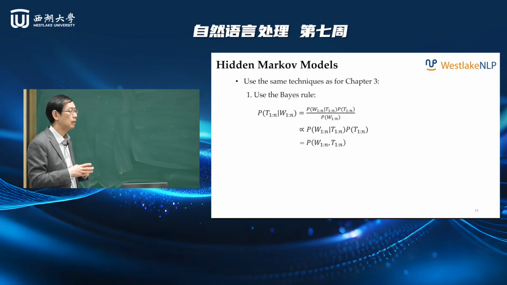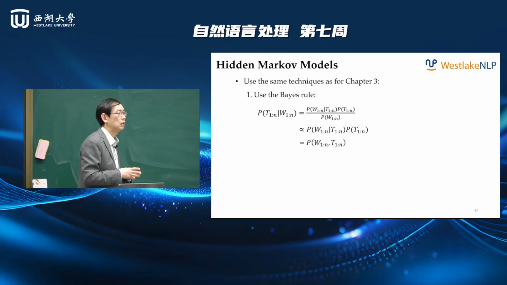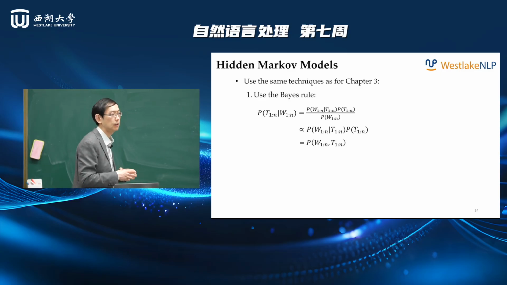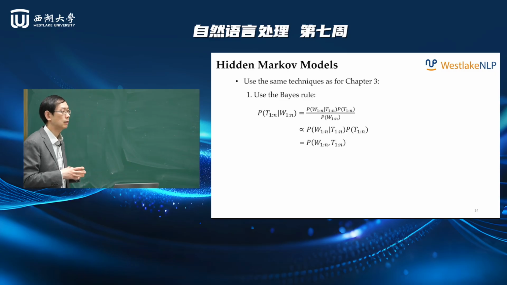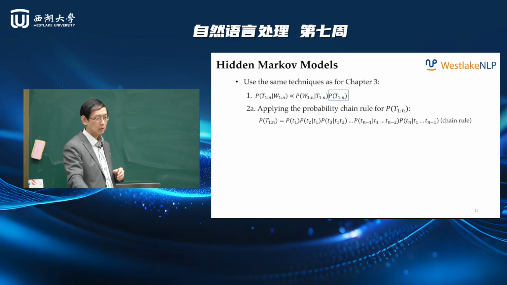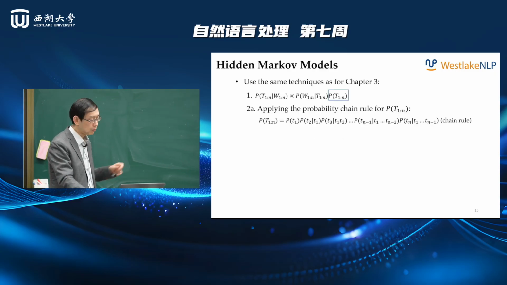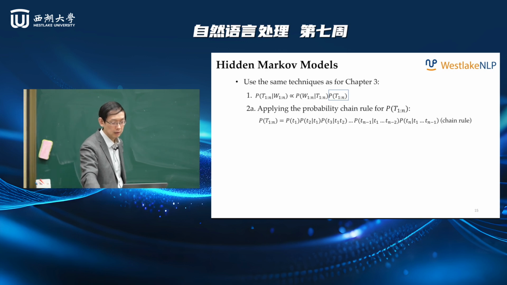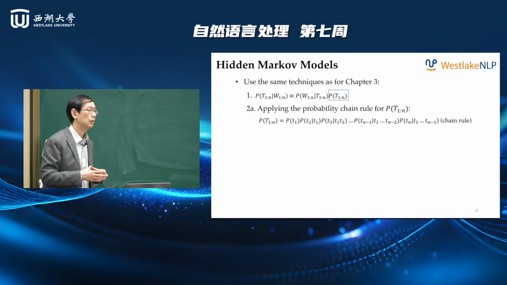So the probability of the tag sequence given the word sequence is proportional to the joint probability of the word sequence and the tag sequence. So this is exactly as what we did for naive Bayes, so I will not repeat myself. Step one, I write it there already. The conditional probability is proportional to the joint probability.